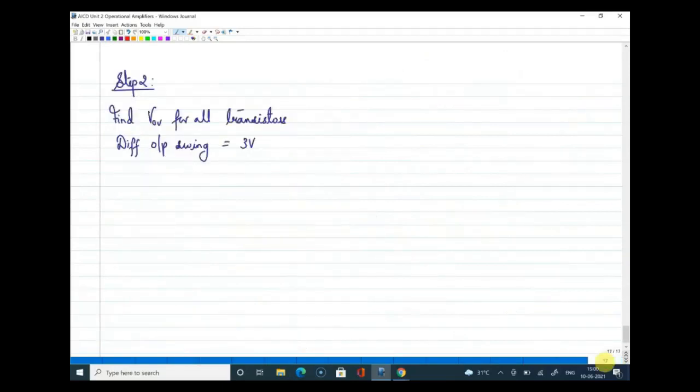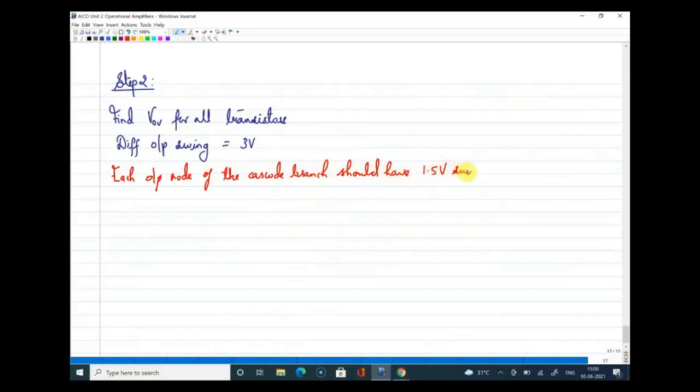So with that understanding, each output node of the cascode branch should have 1.5 volt as the swing. So each node should have 1.5 volt swing. Together as differential, you will have 3 volt of output voltage swing. Is that clear? Any questions on that?